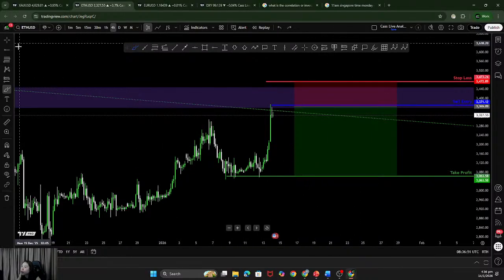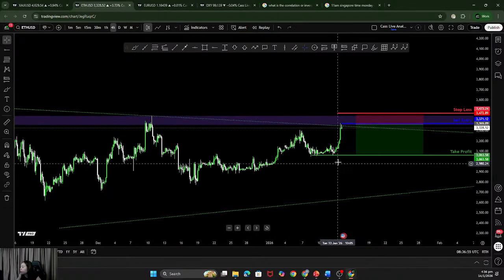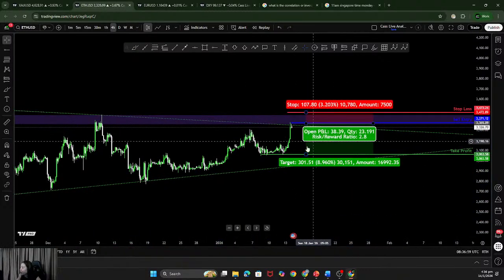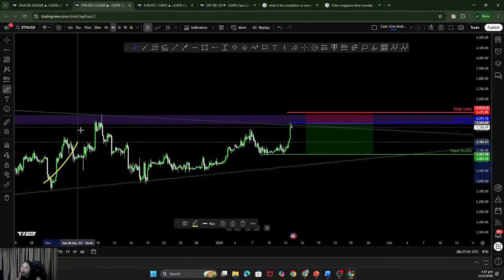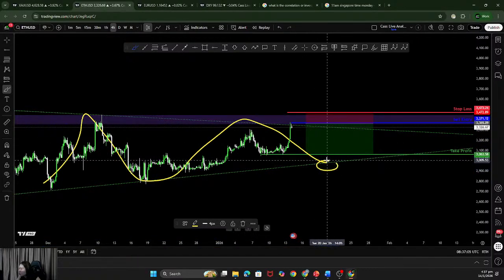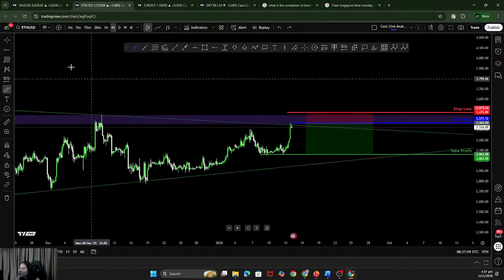Okay, take profit. To be very conservative, obviously you can aim for the bottom of the channel. I mean the triangle. Obviously, if price is moving within this triangle, it is supposed to move back to this bottom, right? But just being very conservative, I'm just aiming back at the last swing low.